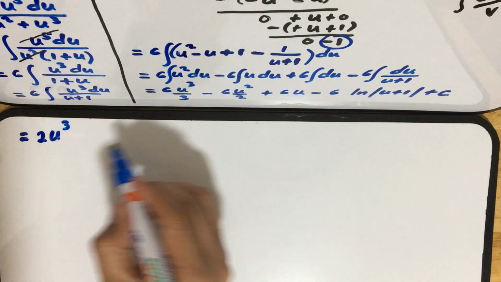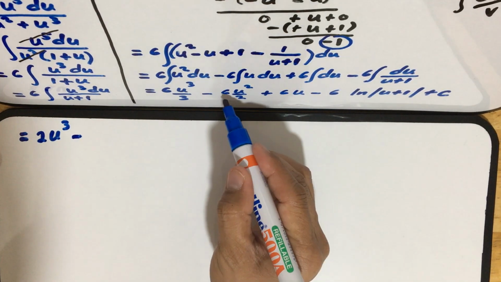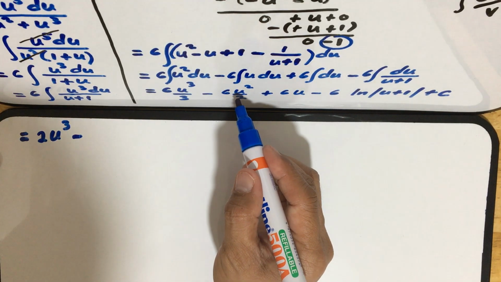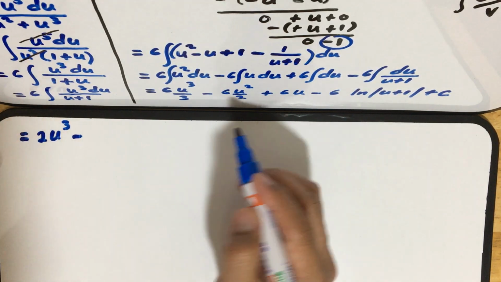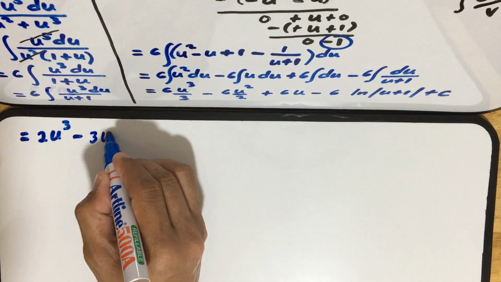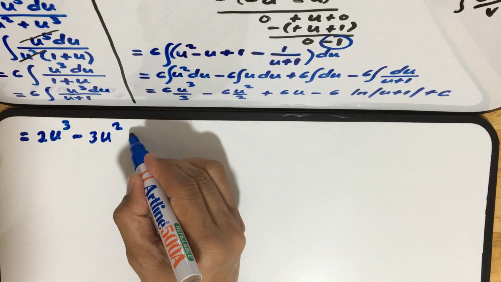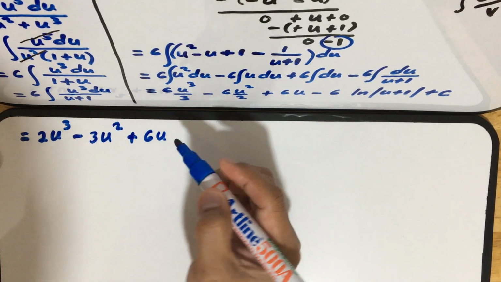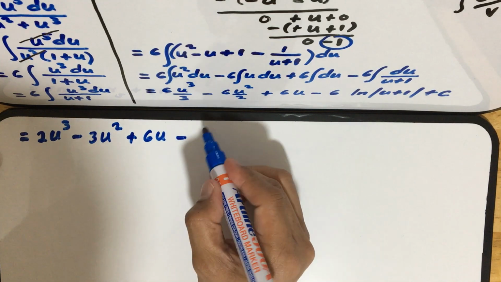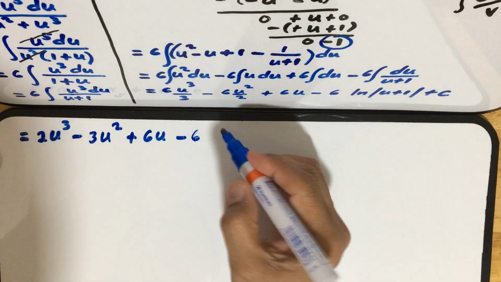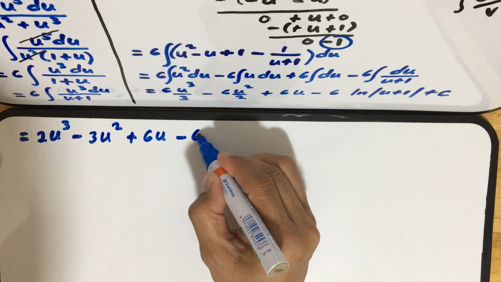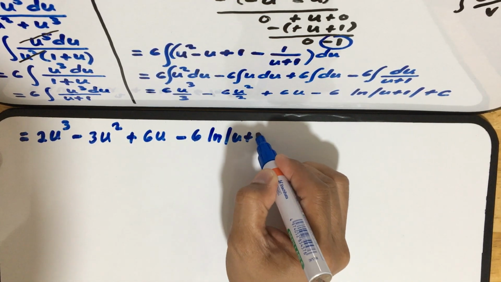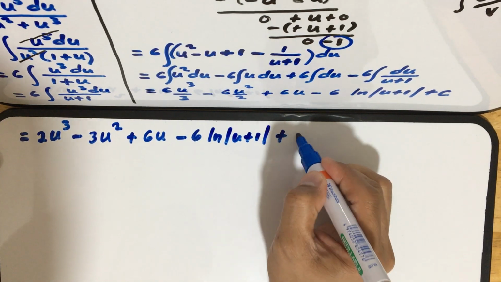Then minus 6 divided by 2, so 3 times u squared, then plus 6u, then minus 6 times ln of u plus 1, plus c.